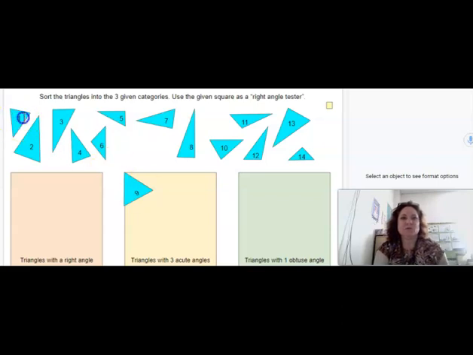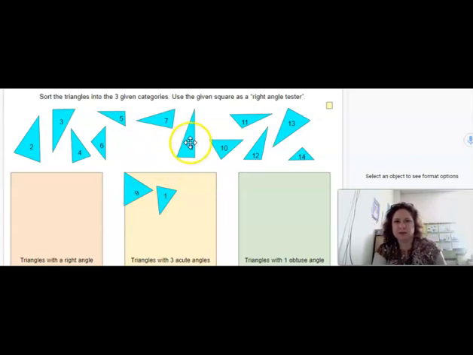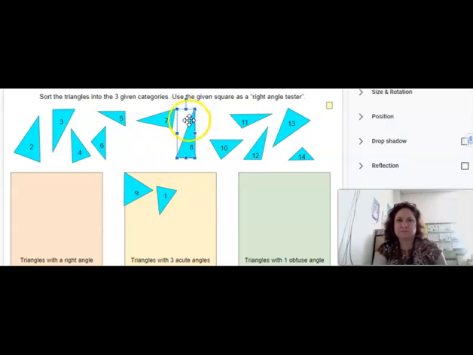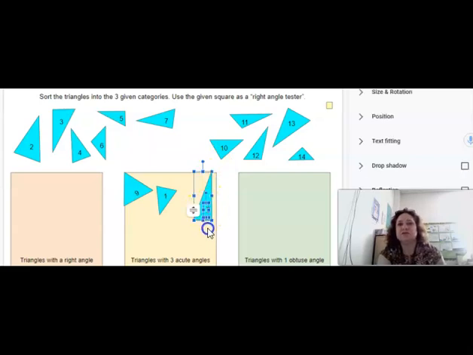All right, so number 1 looks like another acute triangle. Whoop, what happened there? Let's see, do any other ones look acute? Number 8. Triangle number 8 looks acute. Oh, I don't know, maybe it's right. Let's see. I can drag it. Oops. It's being finicky. I can drag it into the corner and double check.